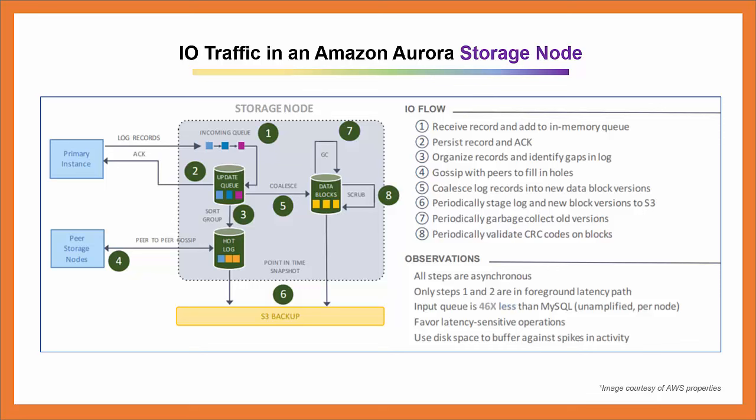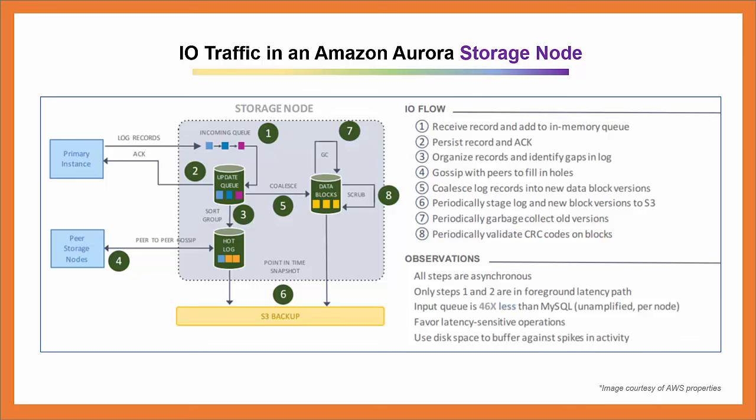The nodes sort all that out and exchange data so that all the nodes have the same amount of data and that all missing data or conflicting data is resolved. Once that's done, they coalesce the log records into new data block versions, seen by the encircled number 5.